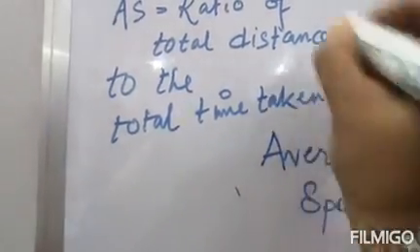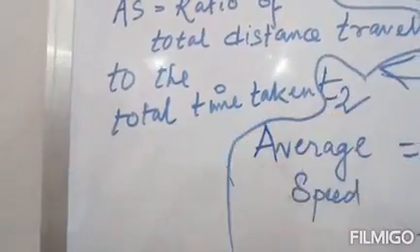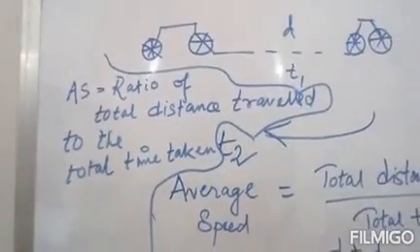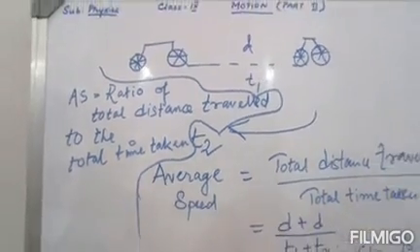This will be the definition of average speed: the ratio of total distance traveled to the total time taken. Understood?